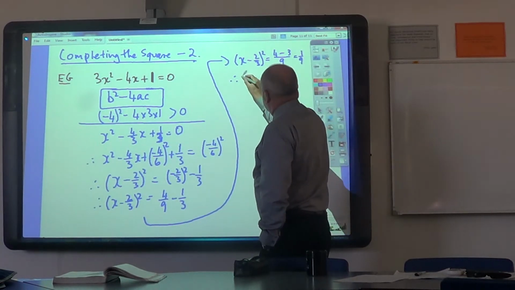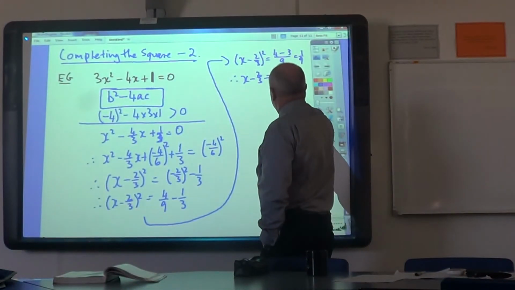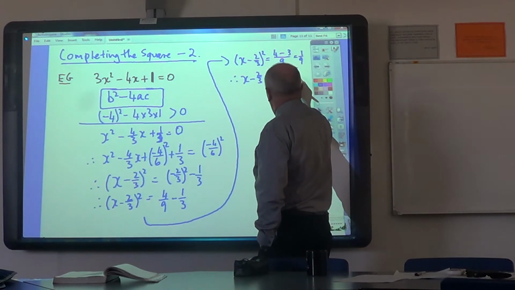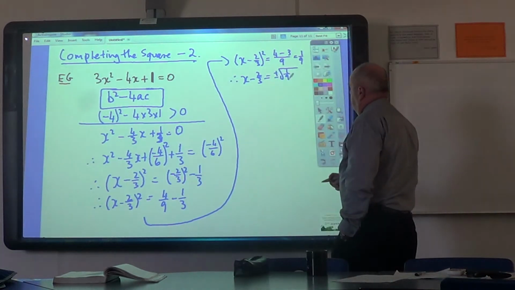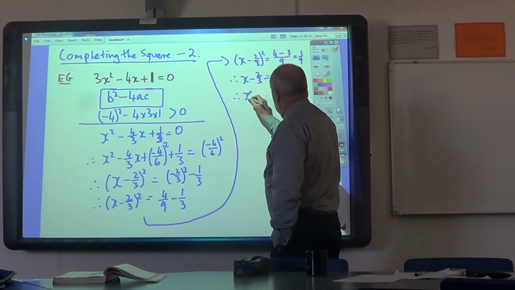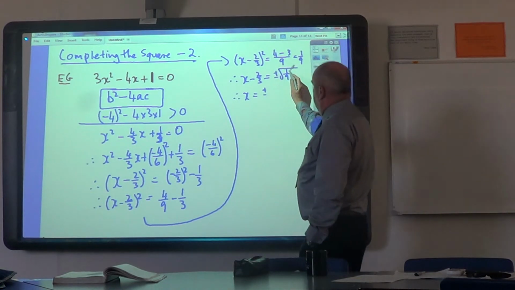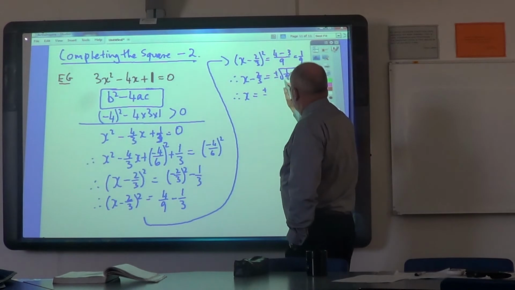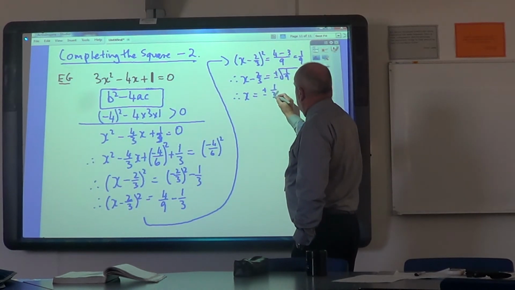That's quite nice. So x, now I'm going to take the square root of both sides, equals plus or minus the square root of 1/9. And this is quite convenient, I hope you notice, because the square root of 1 is 1, the square root of 9 is 3. So it's just equal to 1/3 plus 2/3.